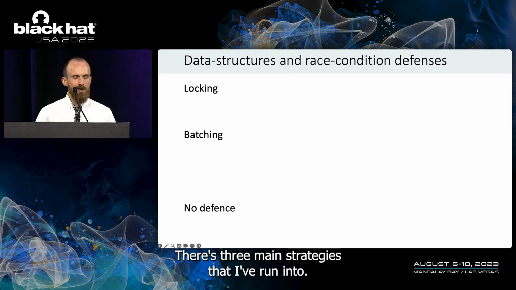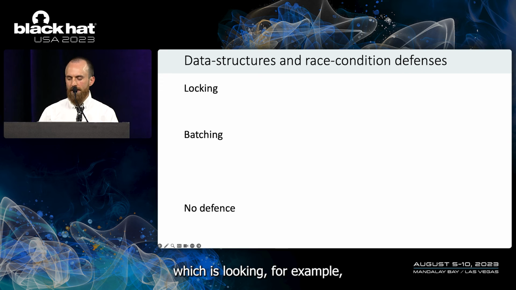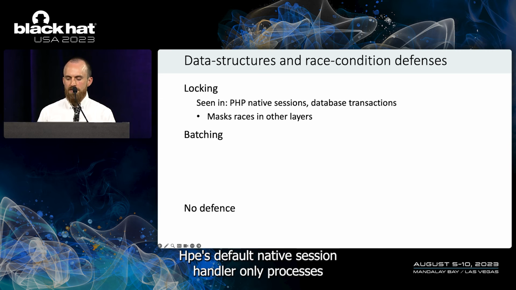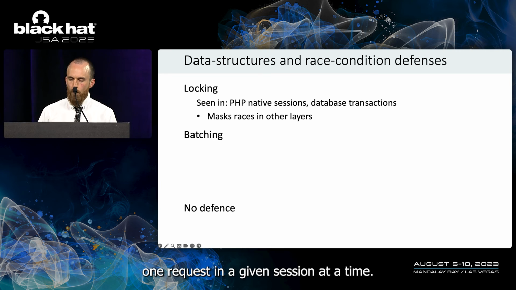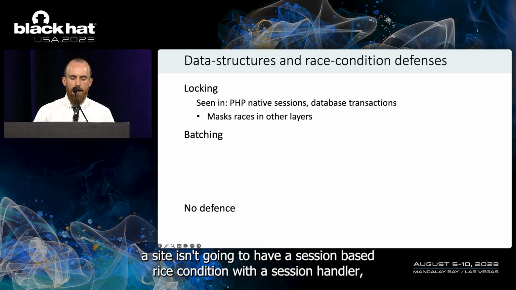There's 3 main strategies that I've run into. The first one is the classic defense, which is locking. For example, PHP's default native session handler only processes one request in a given session at a time. Now, that means that a site isn't going to have a session-based race condition with that session handler.